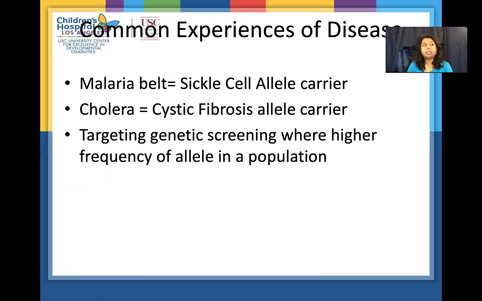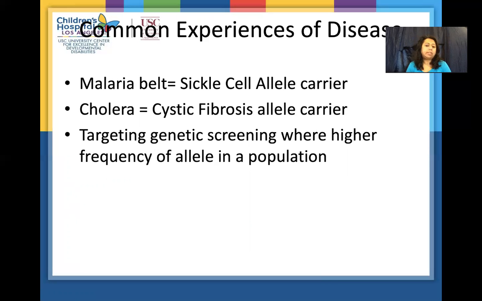So carriers of sickle cell allele do a little bit better with malaria than people who don't have that particular genetic allele. Same with cholera. So we've seen that when you're looking at particular populations and trying to target your identification of a particular disease, you're going to choose your genetic screening depending on where in the world you're seeing higher frequencies of certain alleles.